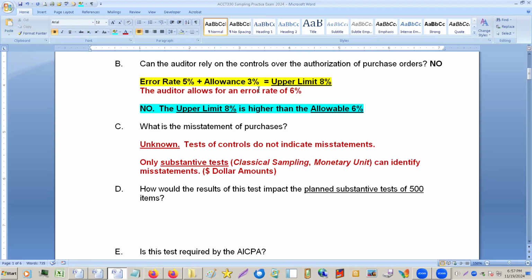I think it's a mean per unit. So suppose we're going to use mean per unit for doing our dollar testing. Are we going to need more or less than the 500? We're gonna need more. Yep, very good.